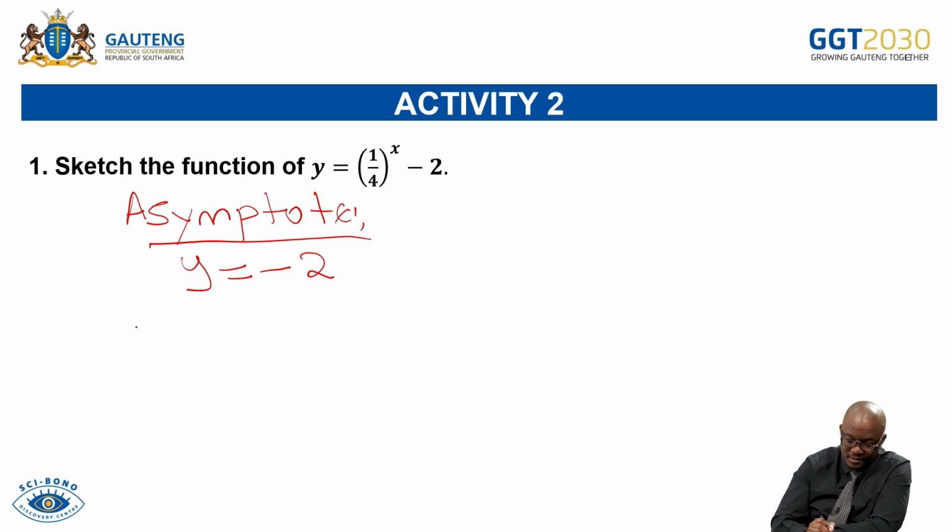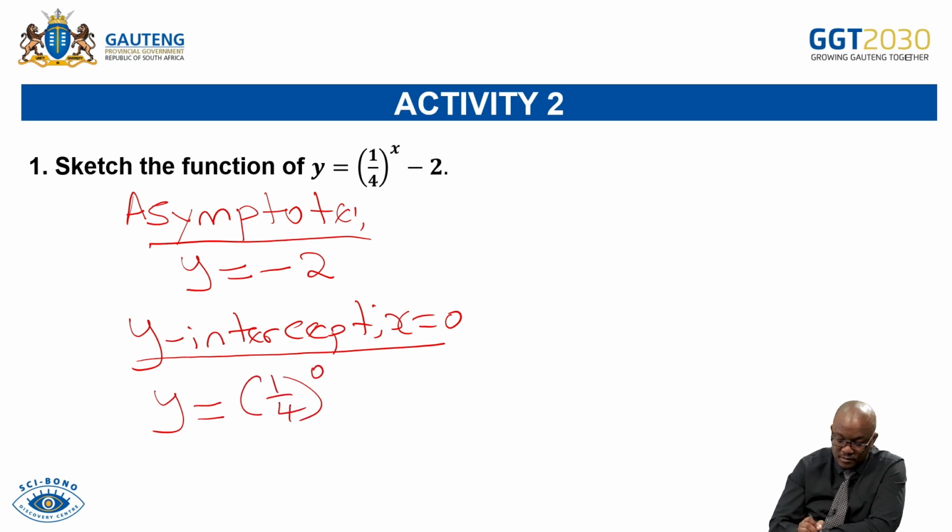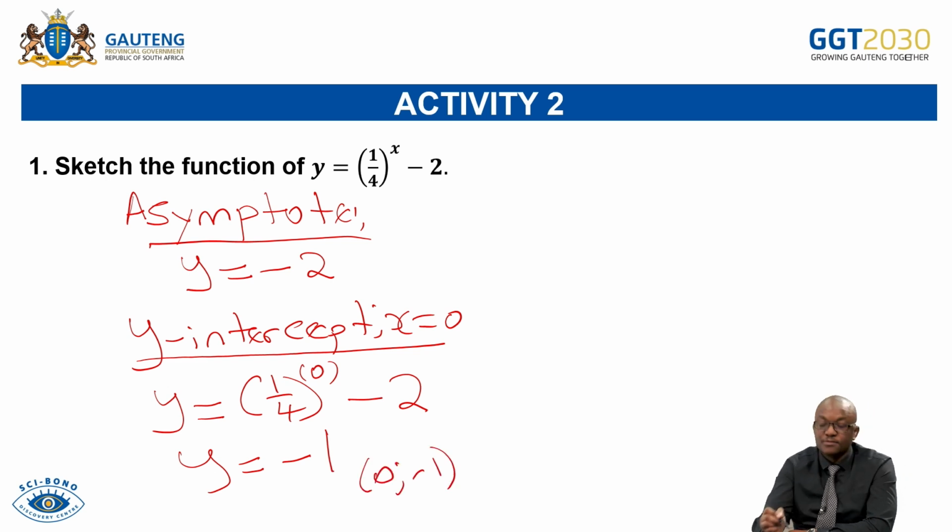Then you still get your y-intercept. X is equal to 0, then y is equal to 1/4 to the exponent of 0 minus 2. Then y is going to be -1. So you are going to get 0 and -1.